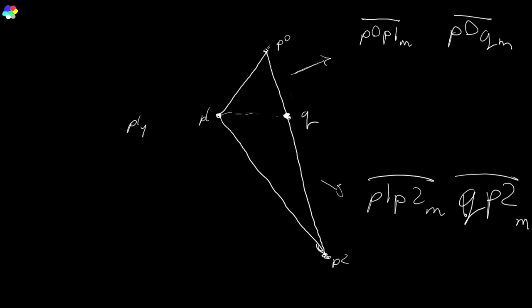Q is on the line of P0 to P2. So theoretically, this slope should be identical to this slope. Except that, because floating point numbers try to mess you over as often as possible whenever they can, your calculation of the slope between P0 and Q will generally be different than your slope between Q and P2.